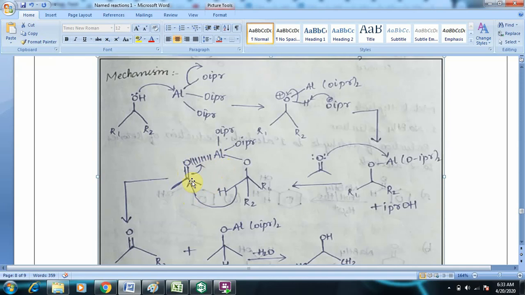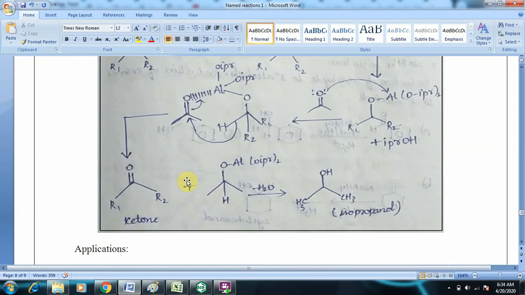And then this carbon becomes electron deficient. You know that when oxygen pulls the electrons, the carbon becomes electron deficient. So this hydrogen, along with the bonding pair of electrons from the substrate, will migrate to this electron deficient carbon. When it is migrating, this carbon will be losing its valency because the hydrogen is going away.